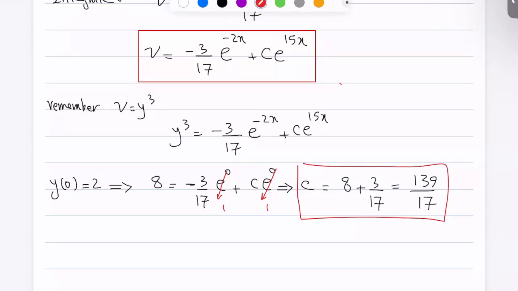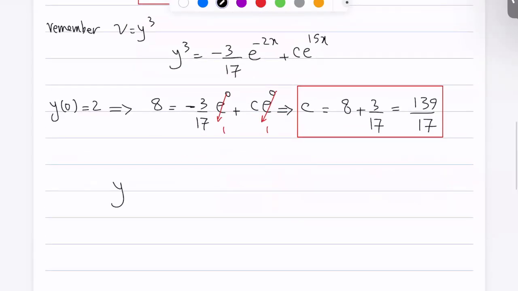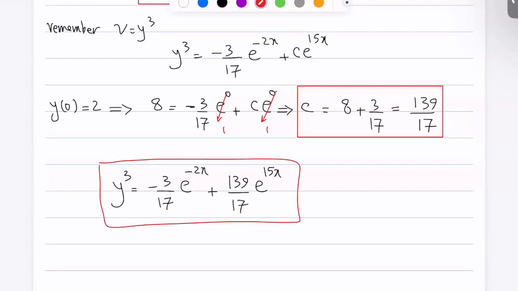So we have found c, and we are basically done. We can now say y cubed is -3/17 e to the -2x plus 139/17 e to the 15x. And this is our solution.